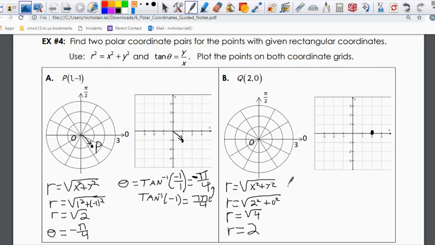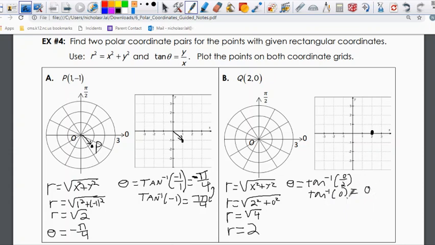Now theta is going to be equal to the inverse tangent of 0 over 2, which is equal to the inverse tangent of 0. And the inverse tangent of 0 is equal to 0.